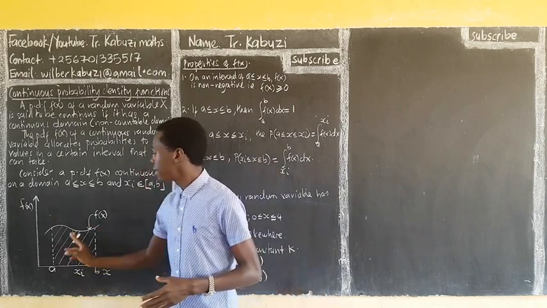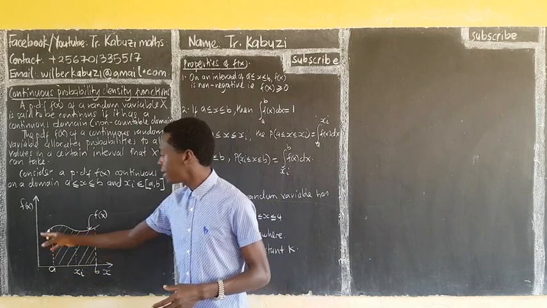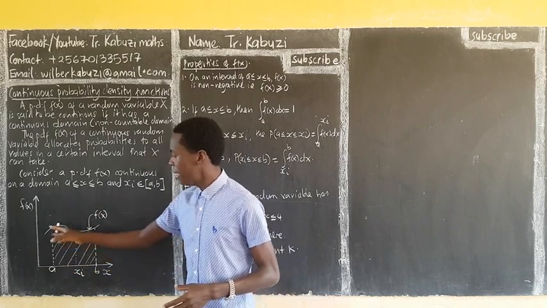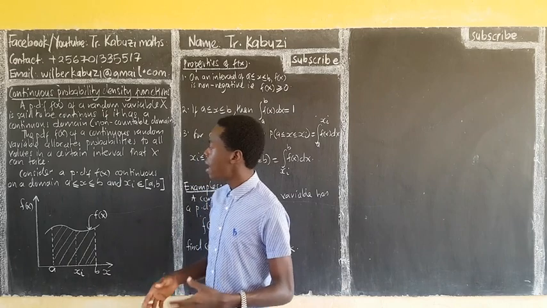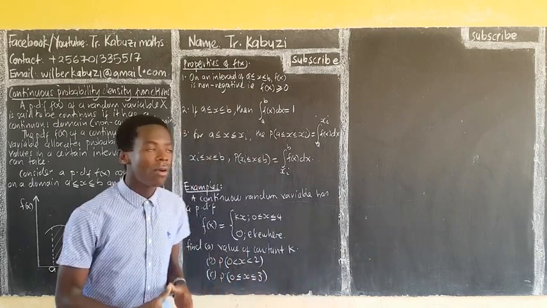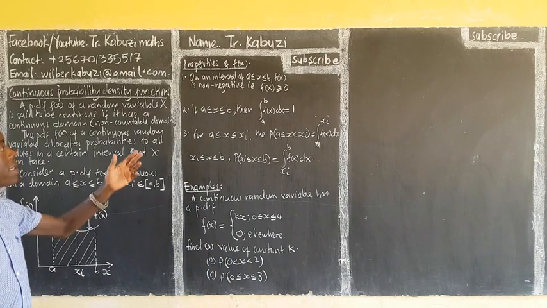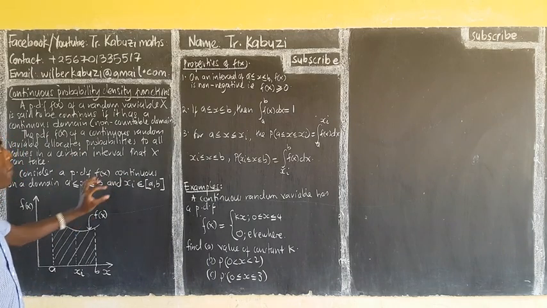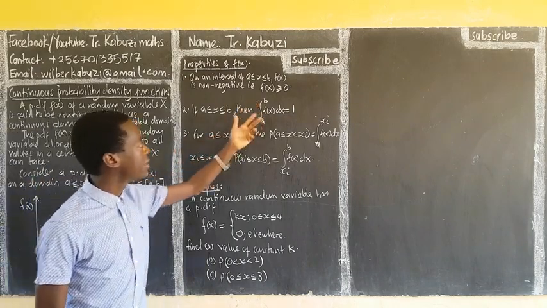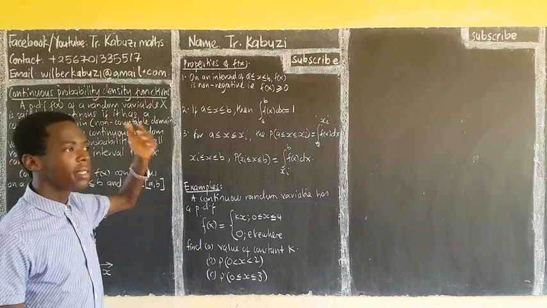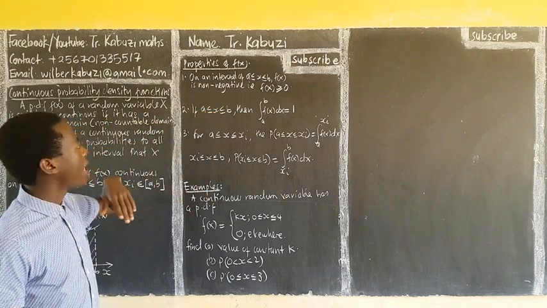So if we say that this is our f of x and this is our x-axis from A to B. Now, for a continuous random variable, the probability is always non-negative, first. So this f of x is always non-negative. It means that it starts from 0 and goes up.